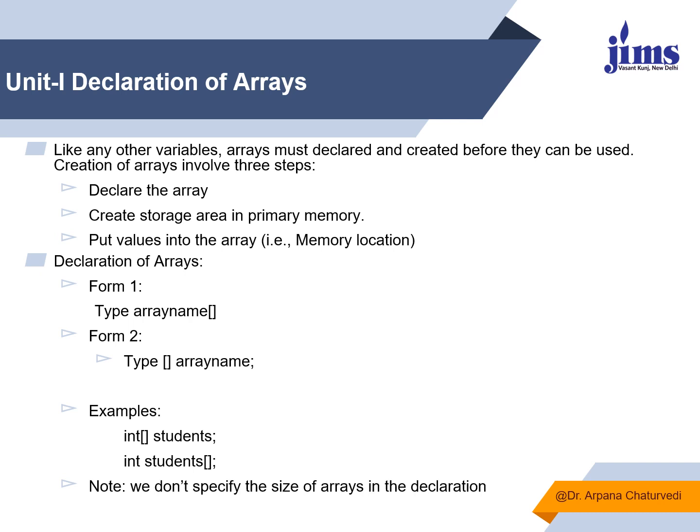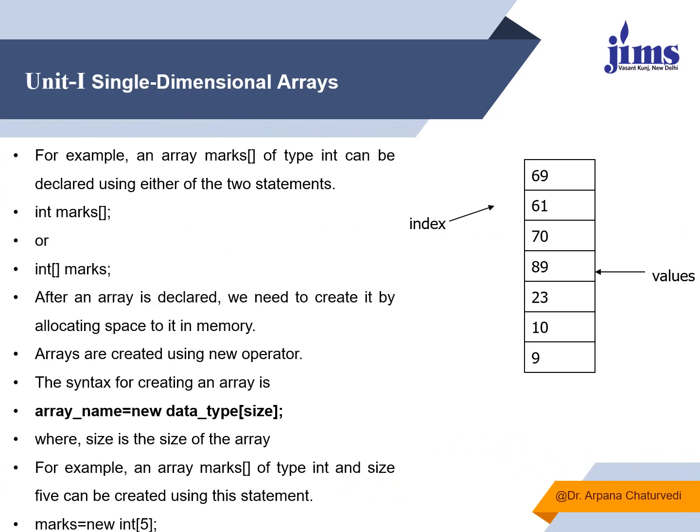These are the two ways I have just explained. The example is int students[] or int[] students. Here the subscript position is with the data type, and here with the name of the variable. Right now no size has been declared. To declare a size, we'll be using the new operator. How is shown over here. This is the syntax. First of all, you have written int marks[] or int[] marks, well and good.